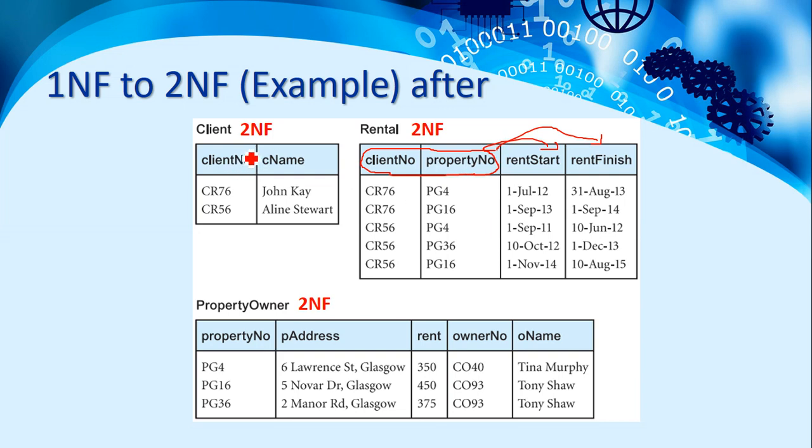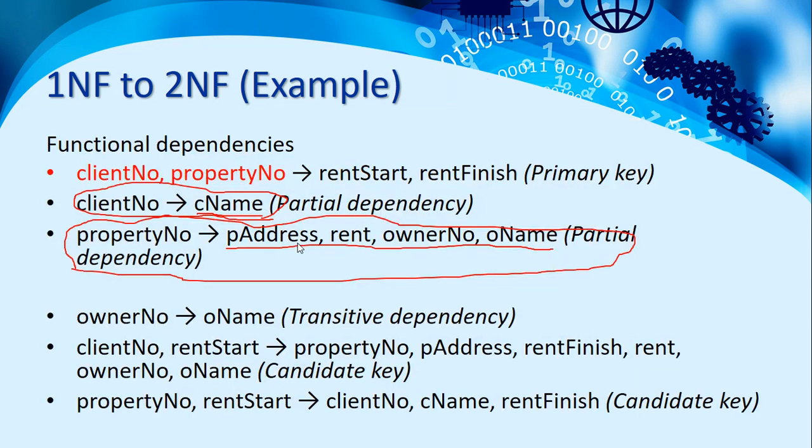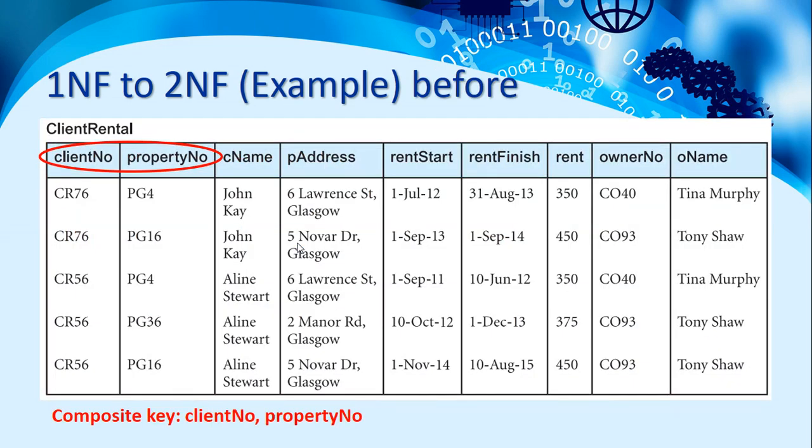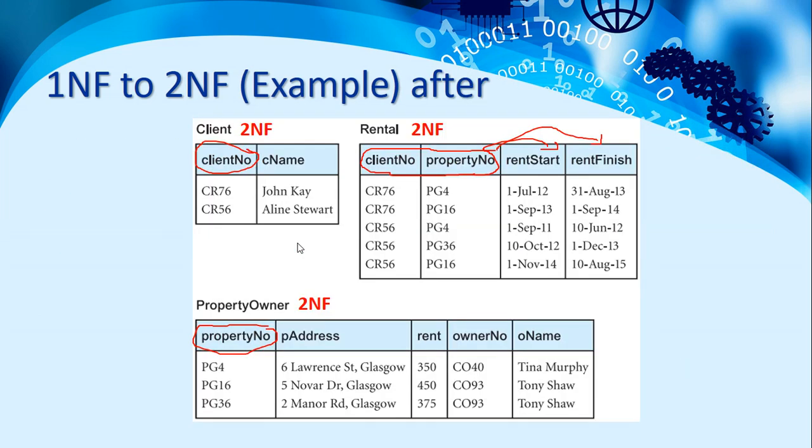And since the primary key here is a single attribute, not composite, it is automatically 2NF. Same also with property owner, there is only one primary key, unlike here where there are two, so it is automatically 2NF. So therefore we have achieved the transformation of our original table to second normal form. All of its tables are already in second normal form.